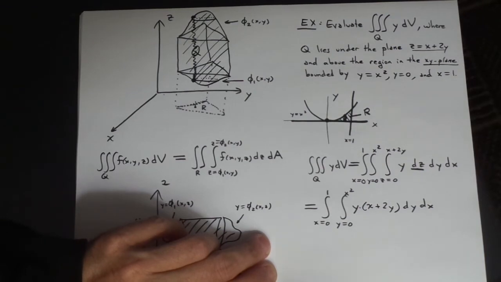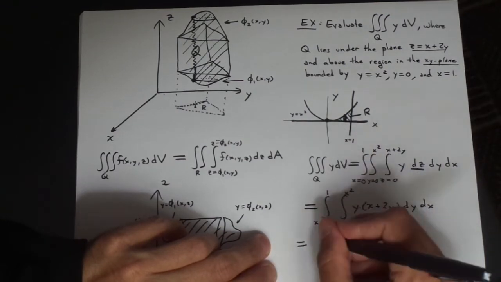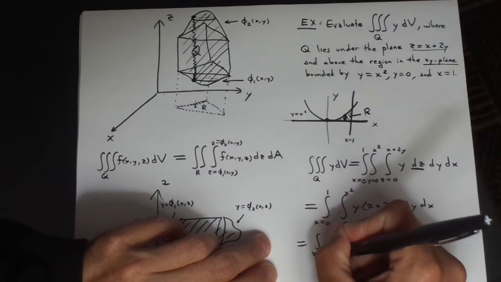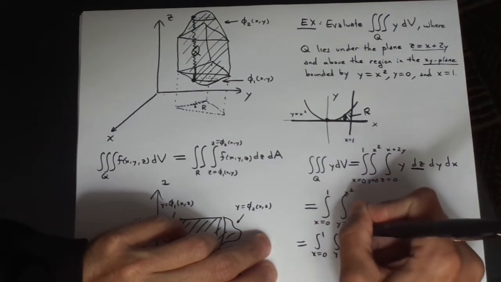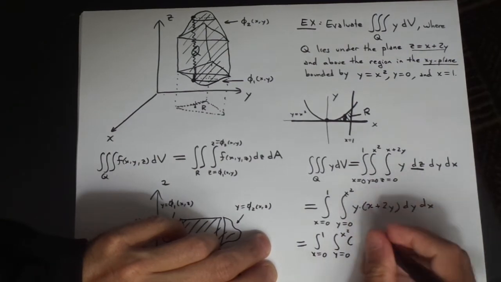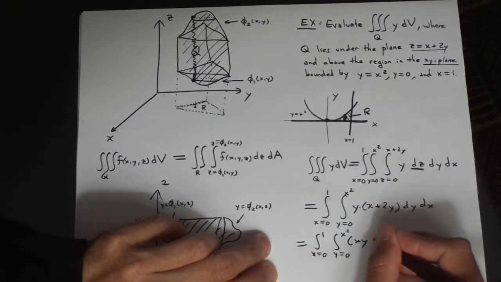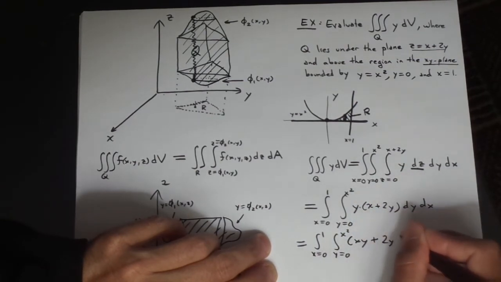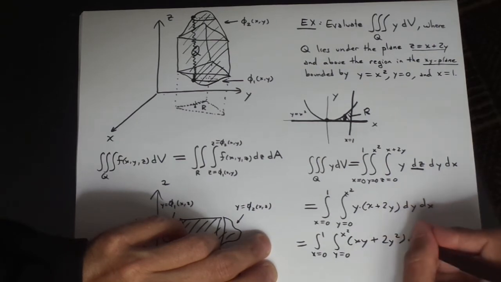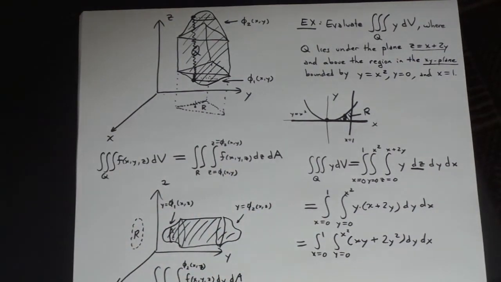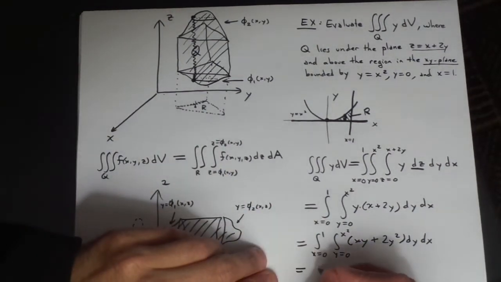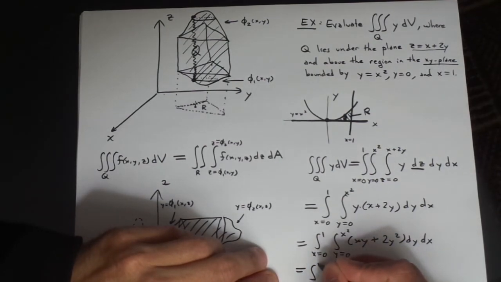Okay? So maybe before I go on, I can take a second and just clean that up a little bit here. So let's simplify the integrand. The new integrand is going to be xy plus 2y squared. And this is going to be dy and dx. And now I'm ready to do the y integration. Okay, so when I do the y integration, I'm once again going to leave the x on the outside.